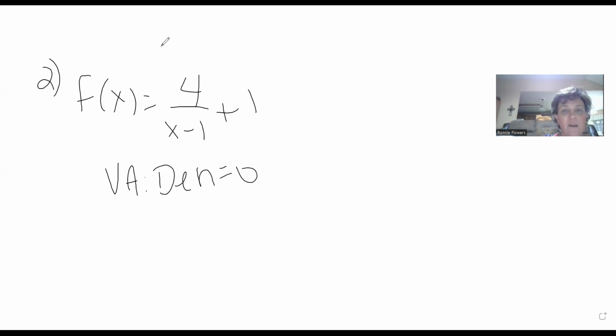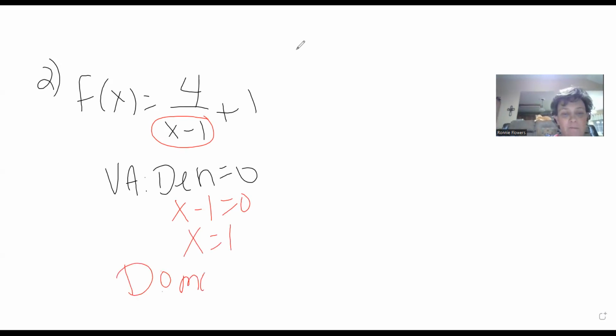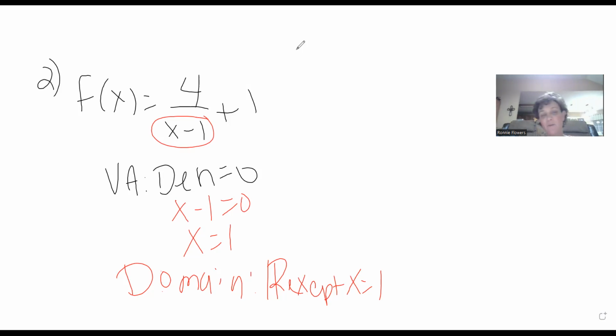So I'm going to set this part right down here equal to 0. x minus 1 equals 0. The vertical asymptote is equal to 1. And this means the domain, all right? And you can write it as all real except x equal 1. Isn't that nice?